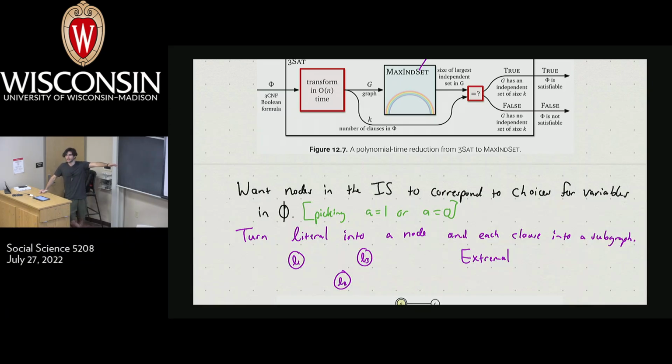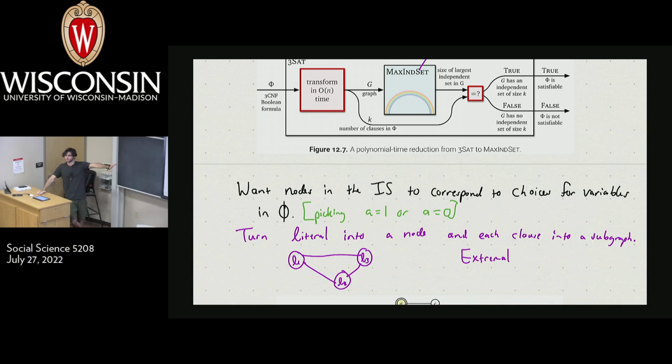If I made them edgeless, they're already an independent set, and so it's not telling you anything useful. So that's probably not the right one. The other option is making it fully connected, so we turn it into a triangle.